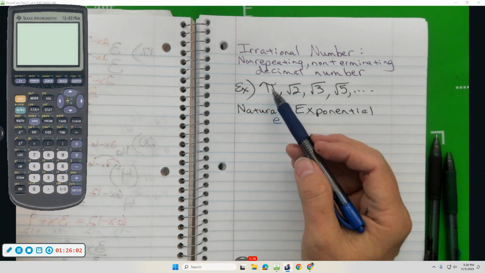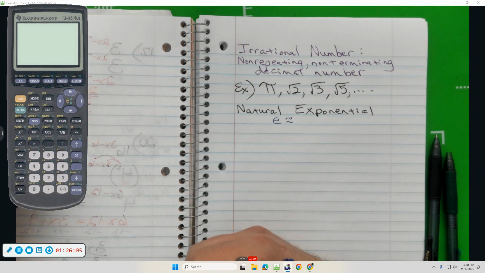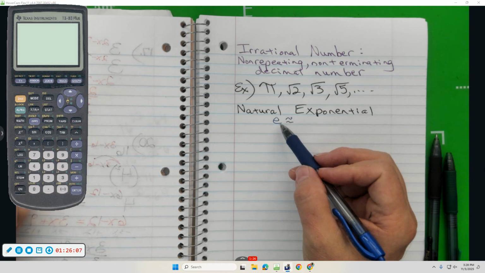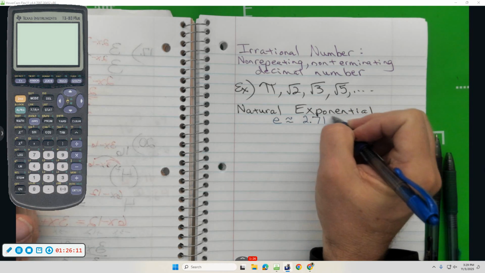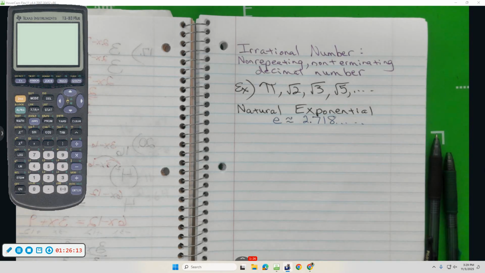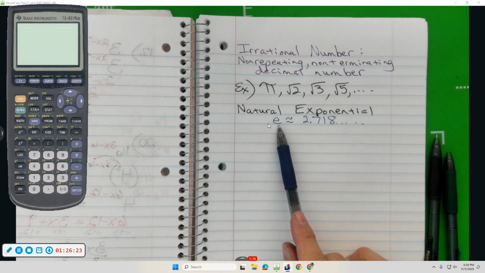Just like pi is approximately 3.14, the natural exponential is approximately 2.718. But those digits just keep coming forever, pretty much randomly. So the natural exponential, if you see a lowercase letter e, that's not a variable.